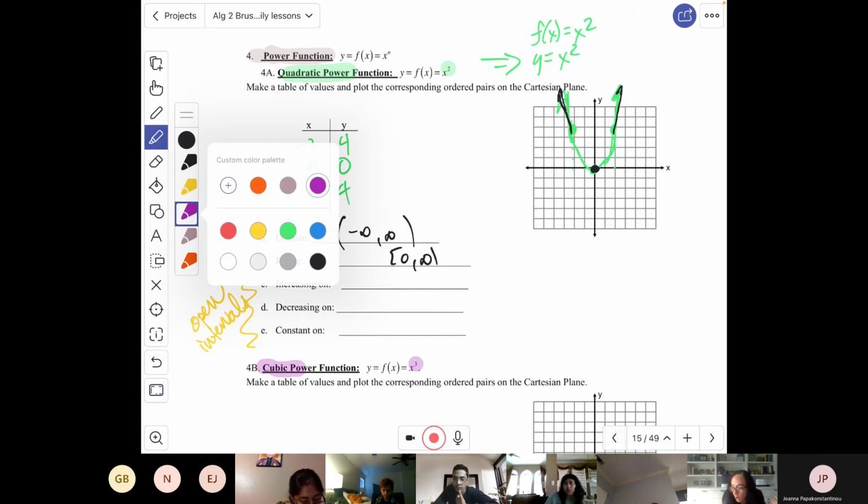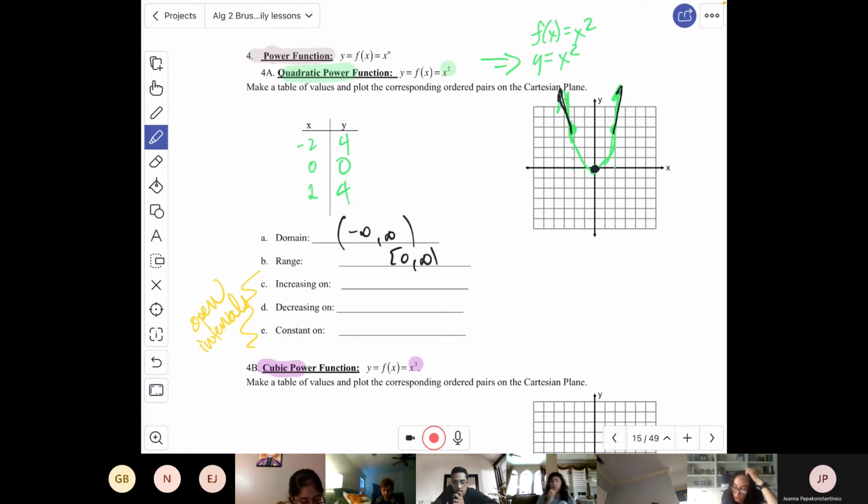So how do you get the closed bracket again? The closed bracket exists for domain and range. So intervals for which a value is included. So in this case, infinity is always open. You always use an open bracket for infinity. Now, since this point exists, when defining the range, I'm going to have a closed bracket at 0.